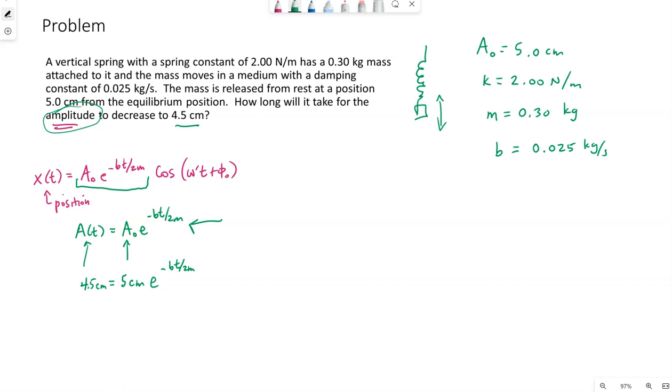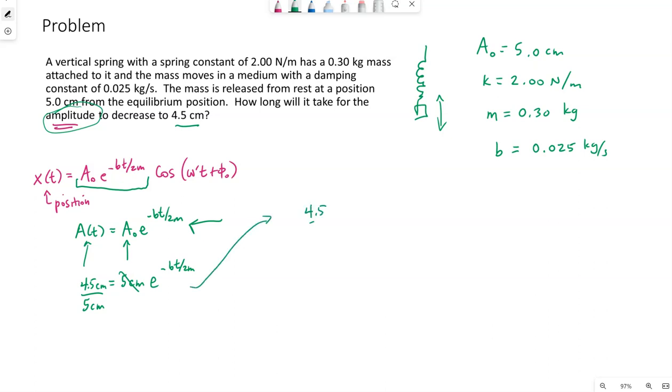To get the power out of the exponential function, we can take the natural log, but divide by this 5 centimeters first to have the exponential function by itself. Now notice the centimeters cancel.